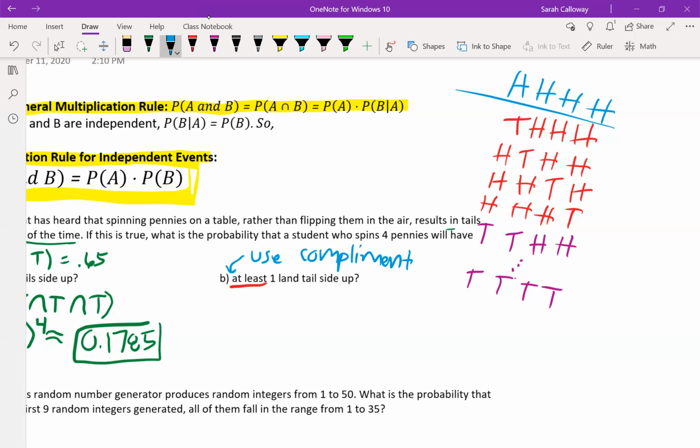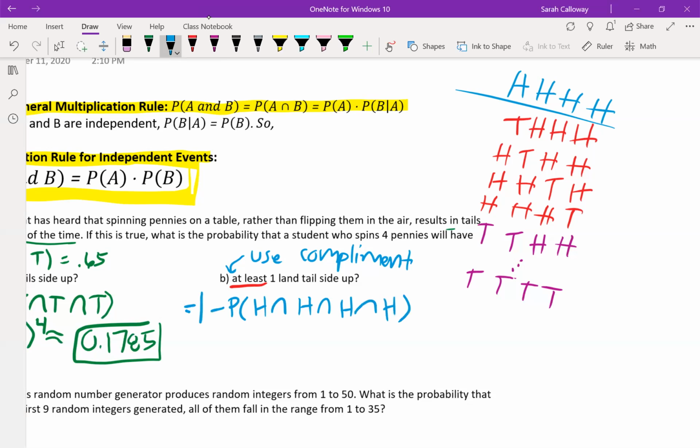In this case, the complement would be the probability of the penny landing on heads 4 times.